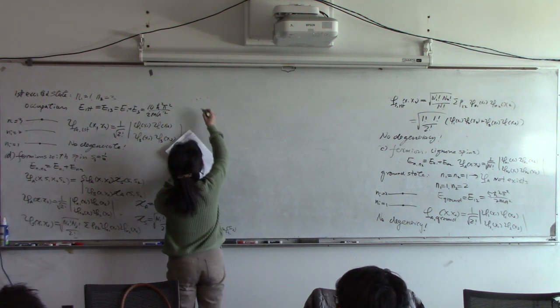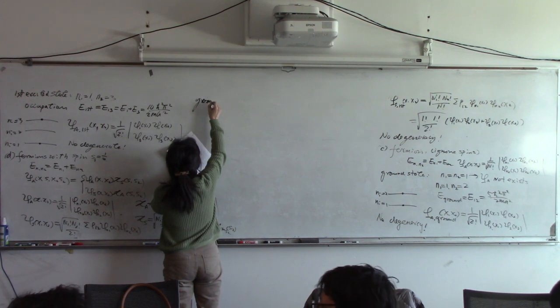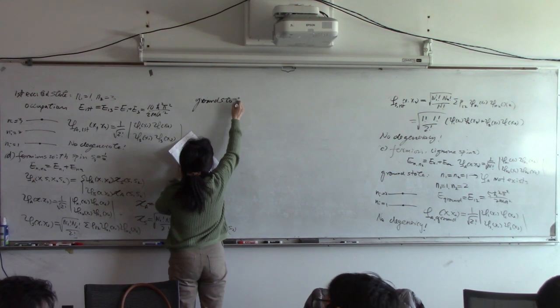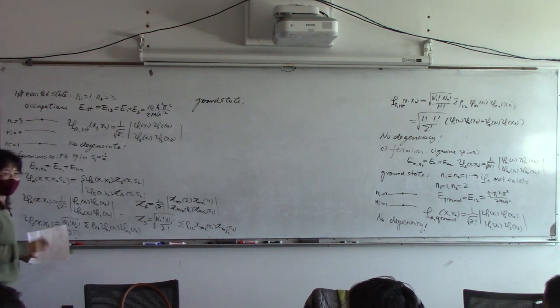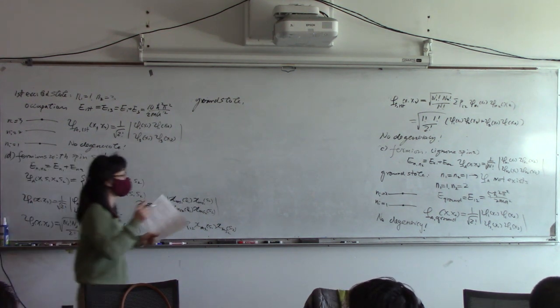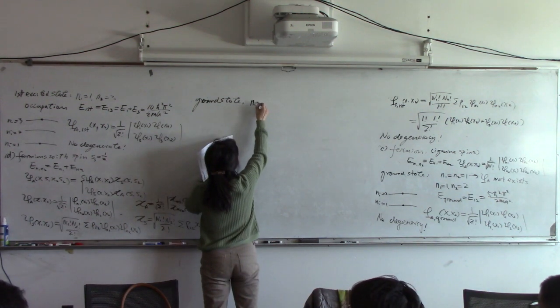First, it is the ground state. Let's consider n1 equal to n2 equal to 1 to see if it is possible.